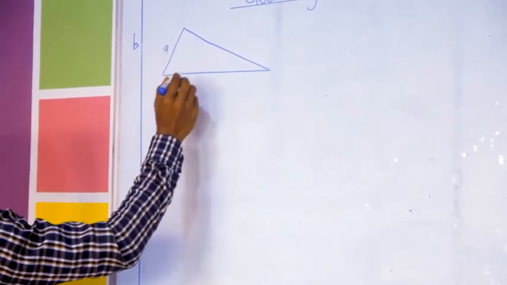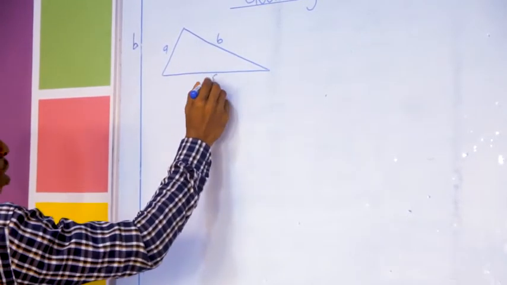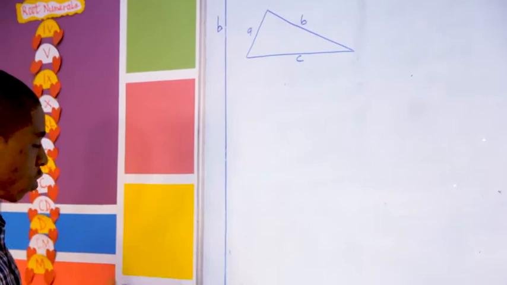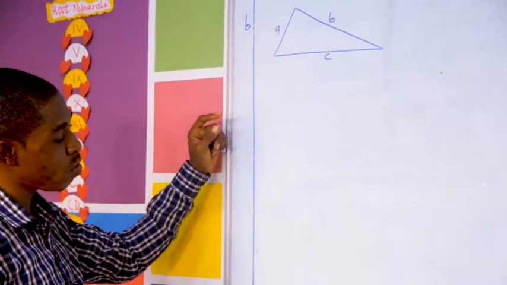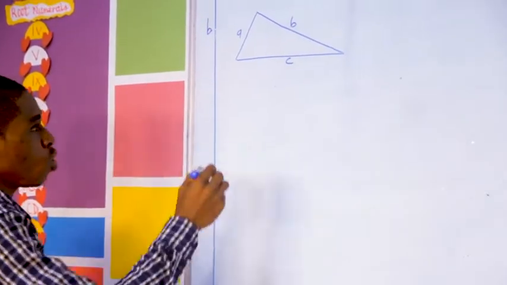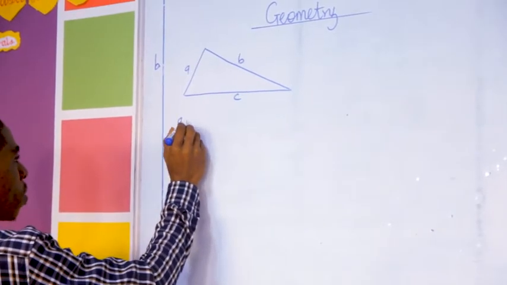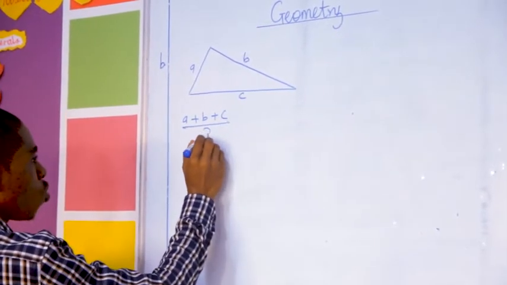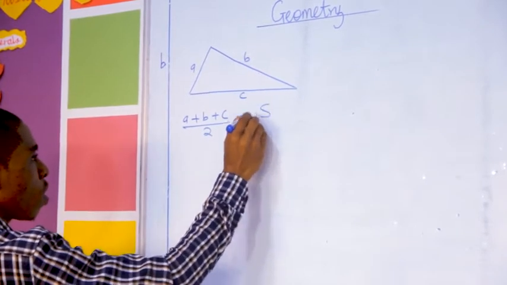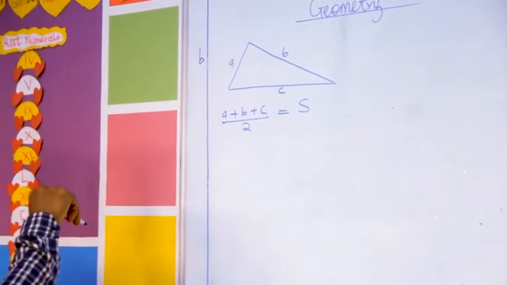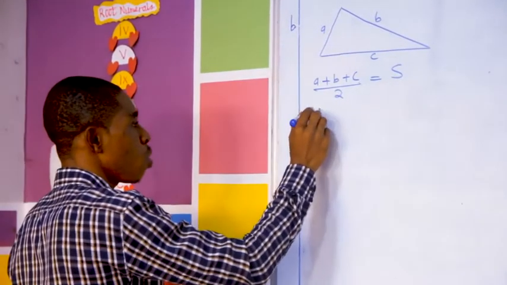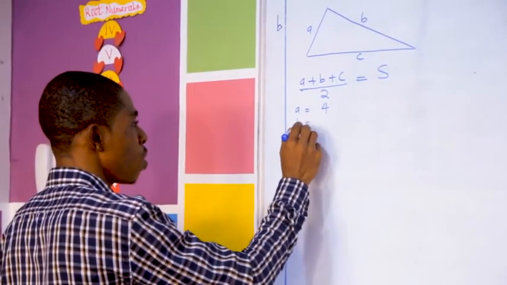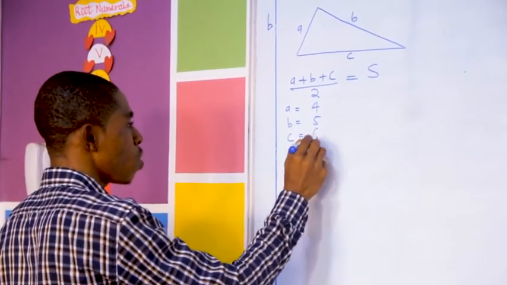You can call this A, you can call this B, and call this C. If you're looking for the area of the triangle like this, there will be no height for it. So what do you do? You sum A plus B plus C and divide by 2, and you can call this S. Imagine A was equal to 4 and B was equal to 5 and C was equal to 6.